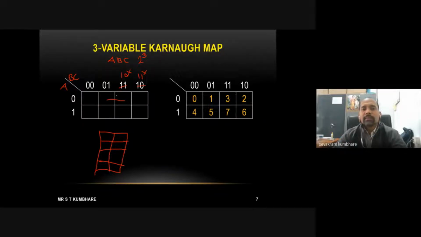So both the variables are changing, and that rule is violated. Basically it violates the rule that adjacent cells can only change in one variable. That's why we cannot write 1 0 over here and 1 1 over here. Instead we have to write 1 1, 1 0.